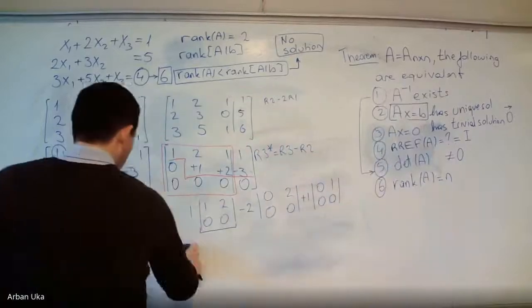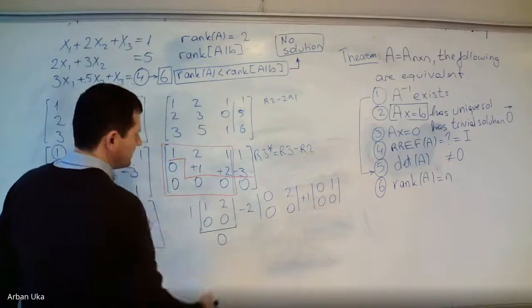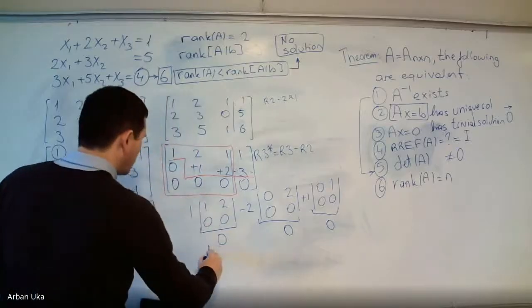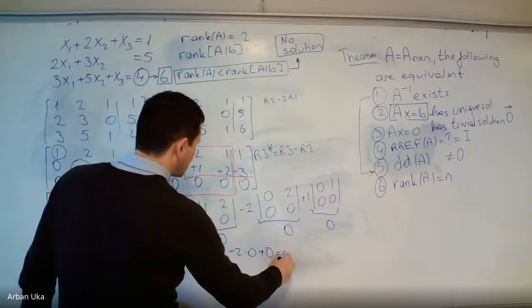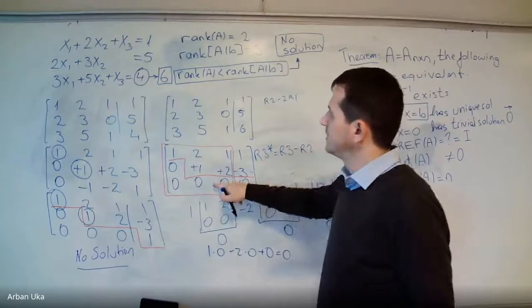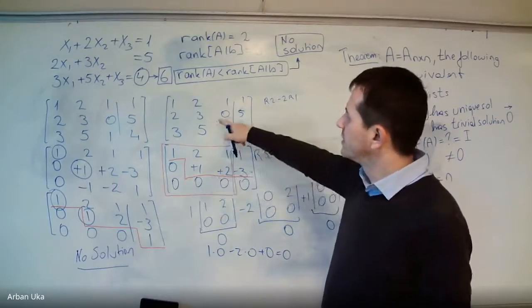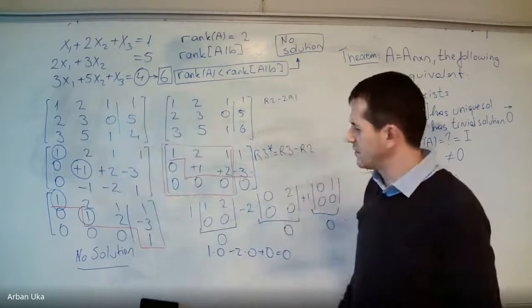It's 0. That's good. What about here? It's 0, 2, and in the other it's 0. So we have 1 times 0 minus 2 times 0 plus 0. This is 0. So it looks like the determinant here is 0. And if this is 0, the determinant here also is 0. So the determinant of coefficient matrix A is 0.